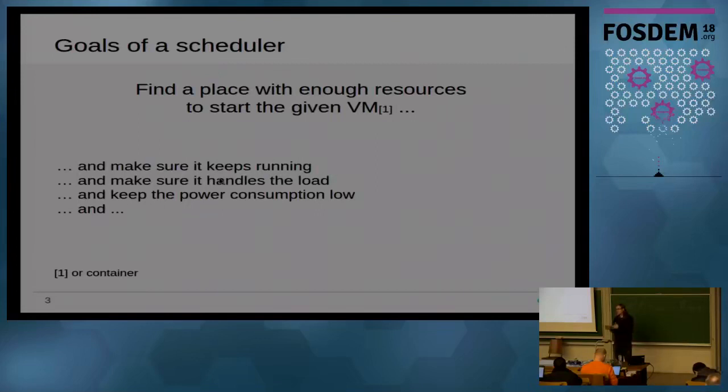Why would you do it in a VM? I have no idea, but you might want to do that. And you might want to keep the power consumption low, for example. So there are many different aspects of scheduling. Starting a VM is just one of them. And all the three schedulers have some specific features that help you with it.